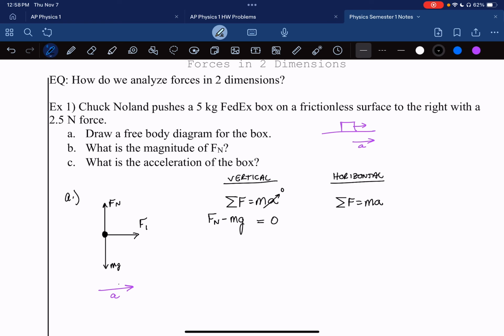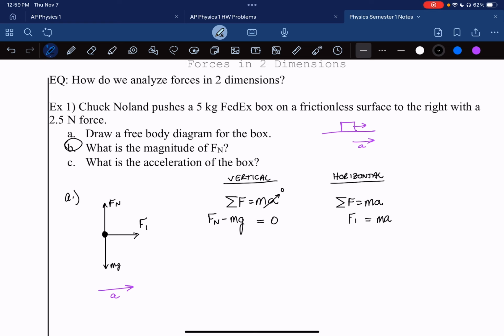There is horizontal acceleration. So we're going to keep that part of the equation. We'll substitute later. And we only want the horizontal force that it has, which in this case is F1. So that's it. That's it for writing them.